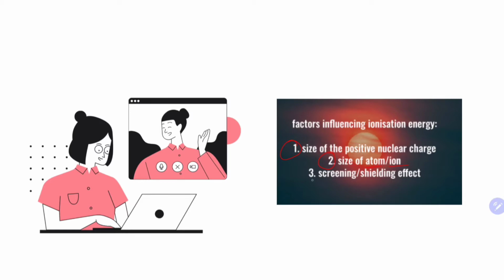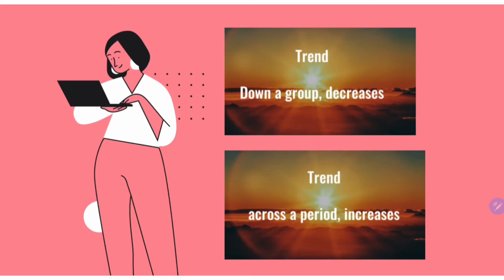The third factor is the screening or shielding effect. As the global pattern, you should know the trend of ionization energy decreases down a group and increases across a period. Why is that? We can continue our discussion.